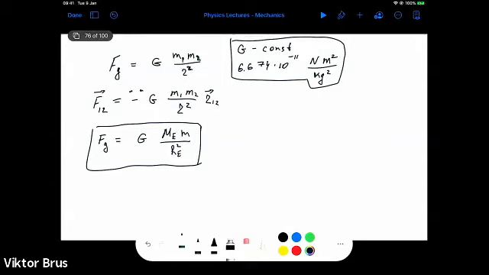Then capital R, the radius of the Earth, is the distance from this center, where all mass is located, to our object on the surface of the Earth.